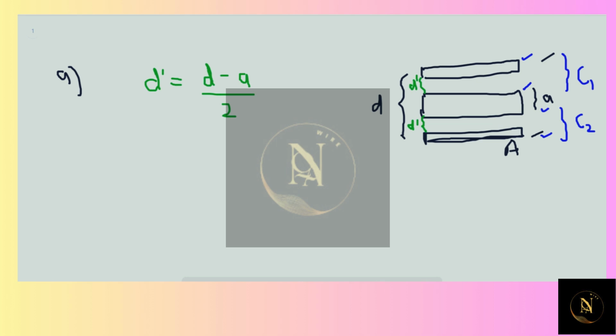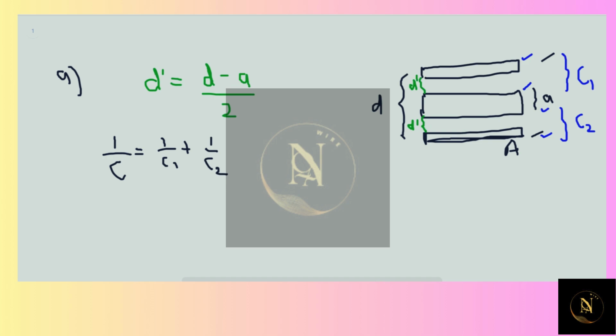Now, in the first part of the problem, we need to find the equivalent capacitance of this arrangement of two capacitors in series. The equivalent capacitance can be written as 1 over C equals 1 over C1 plus 1 over C2, since it's a series combination.